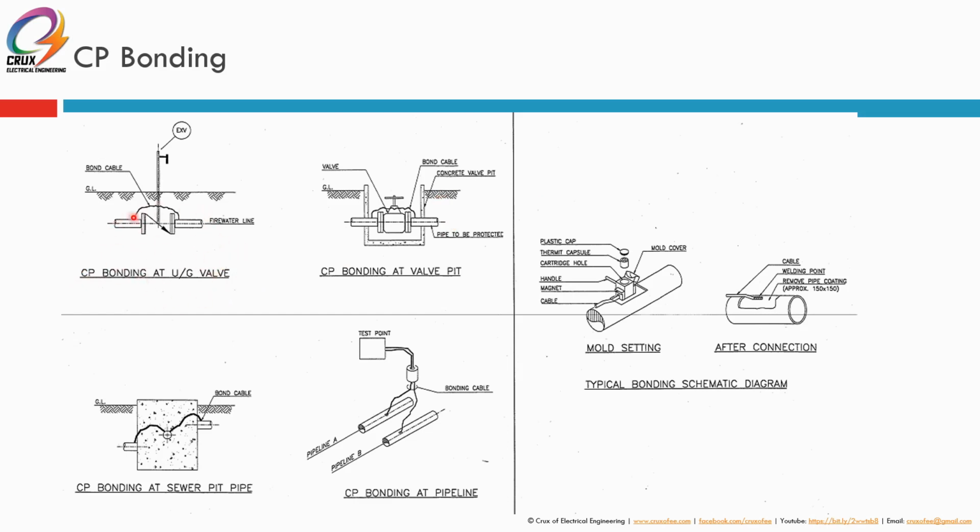So this bond cable means you are directly connecting two different fire water lines. So this is direct bonding.